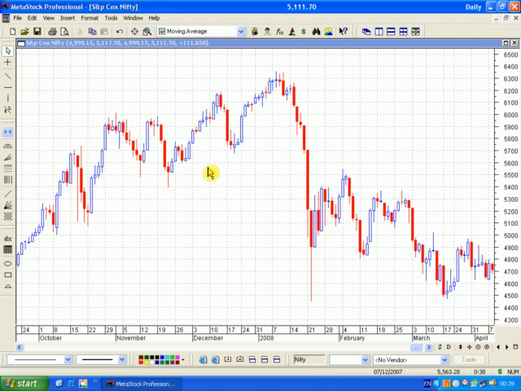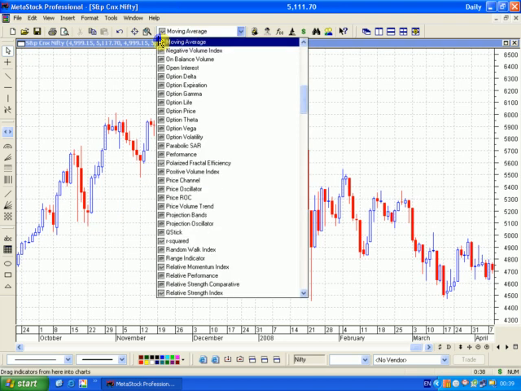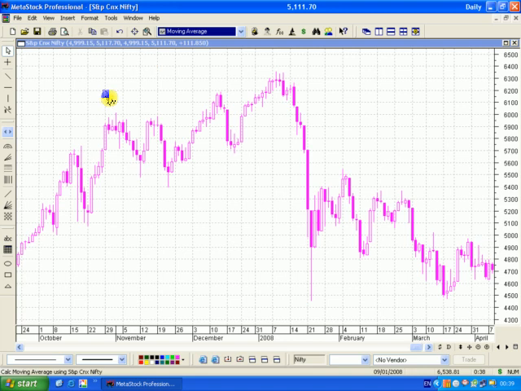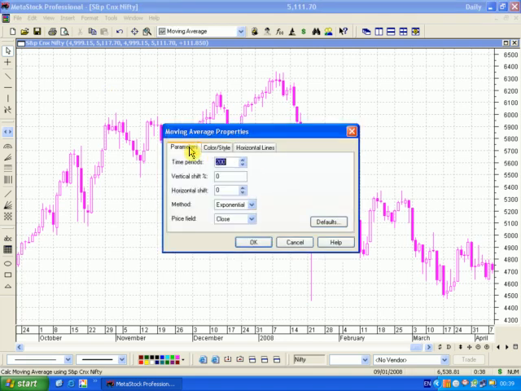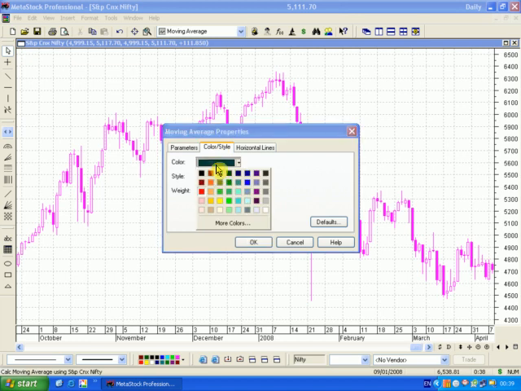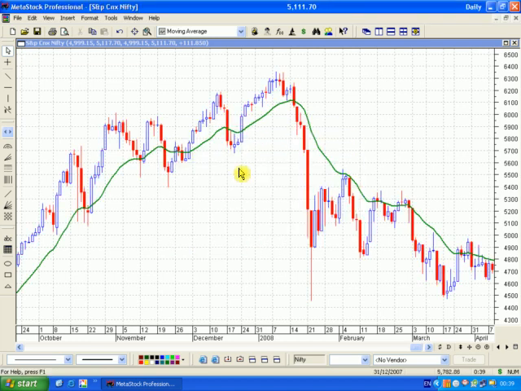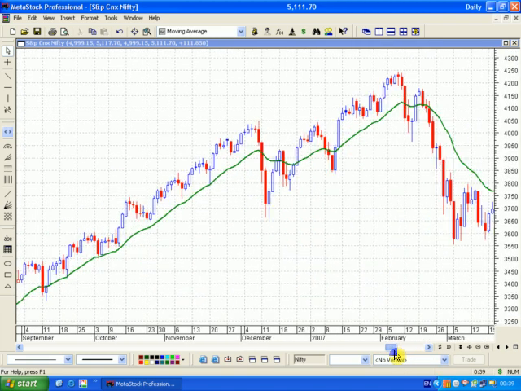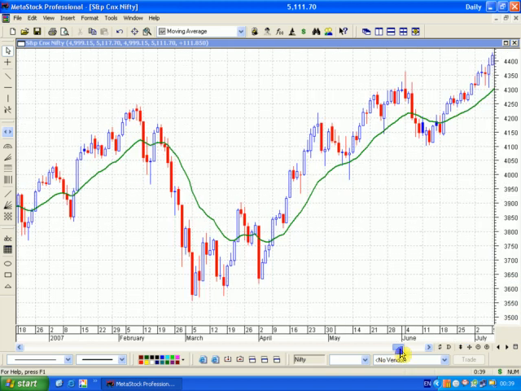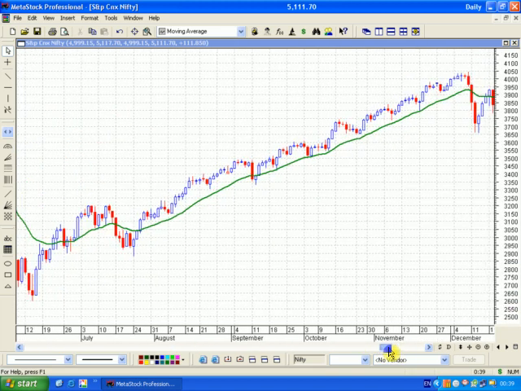Now a property of trend lines is that the prices tend to find support or resistance near the trend lines, and the same happens with moving averages also. I prefer to call moving averages moving trend lines. Now suppose we add a moving average to this chart, say a green colored 20-day moving average, and yeah, this looks like a good period.